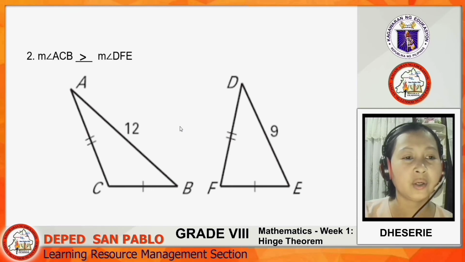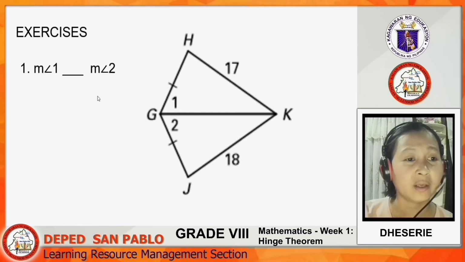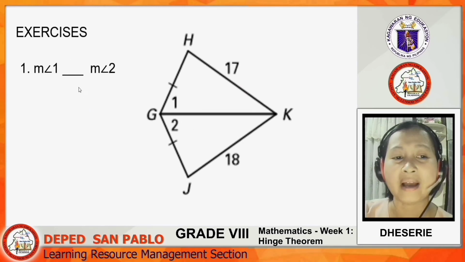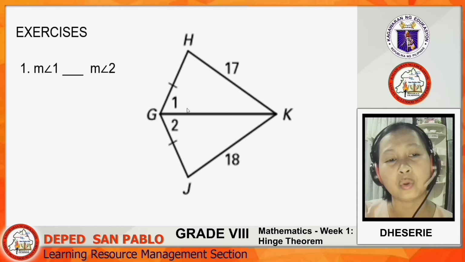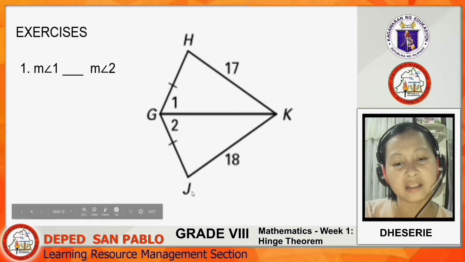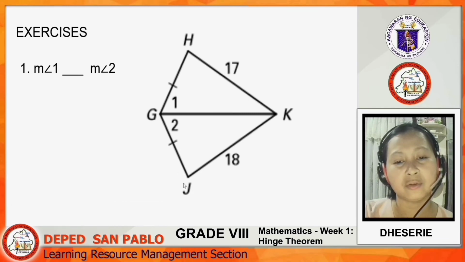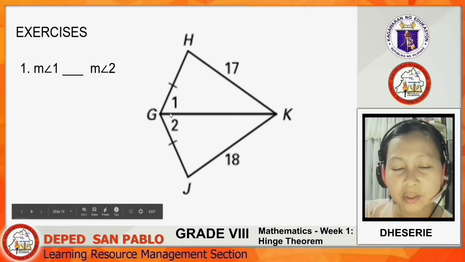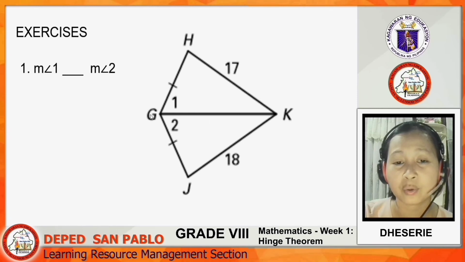So now let's go back to let's have some exercises. What is the measurement of angle 1 compared with angle 2? So we have here triangle GHK and triangle GJK. This side is congruent with this side, and this side by means of reflexive is congruent, GK is congruent with GK.